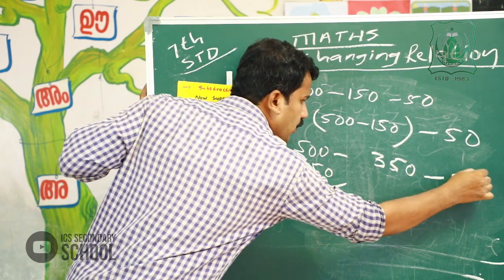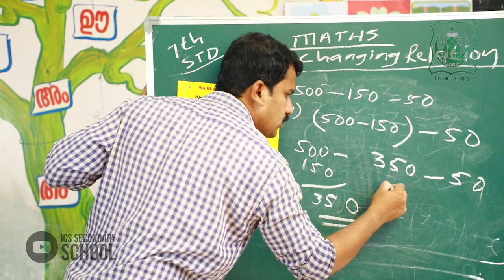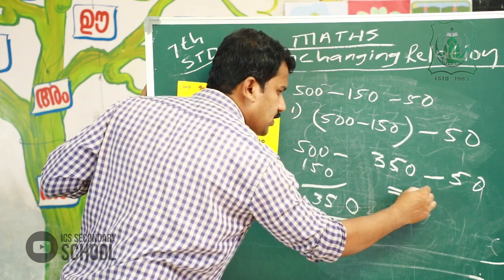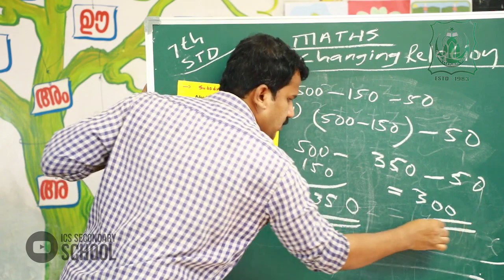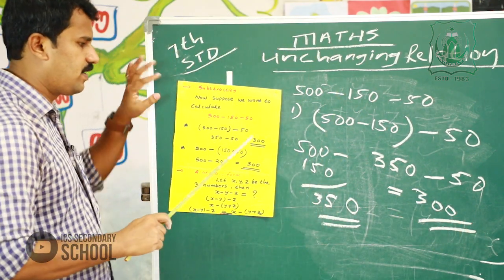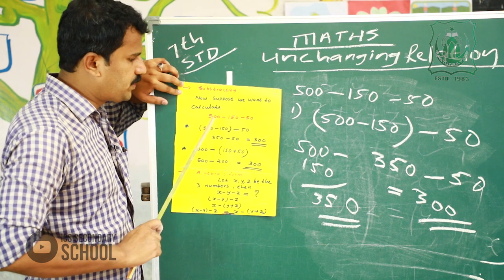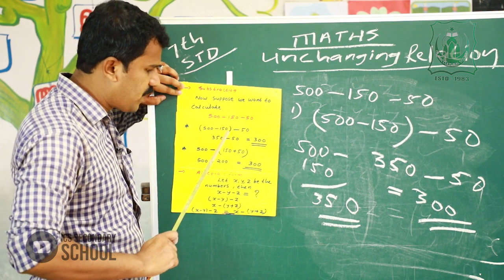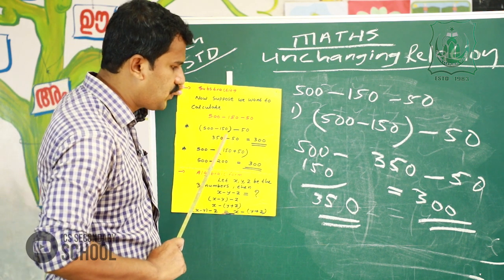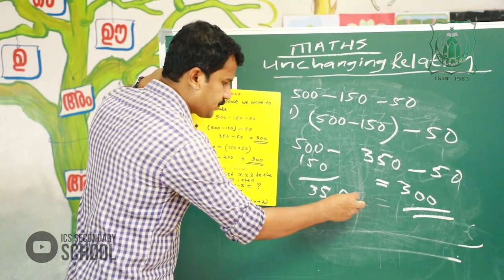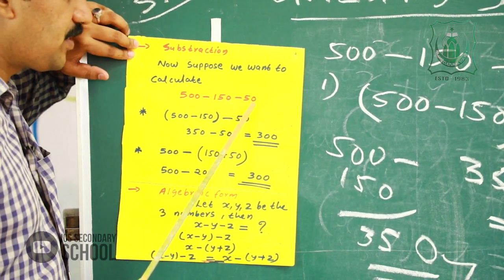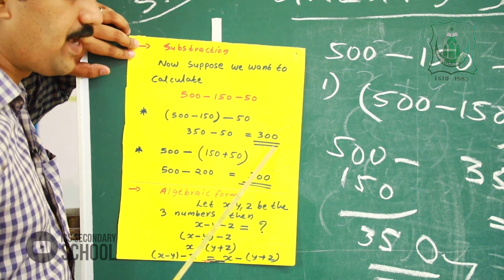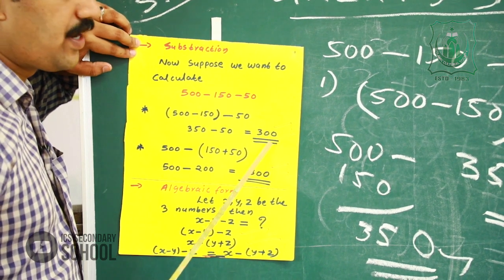Then 350 minus 50 is equal to 300. So first we solve 500 minus 150, the answer is 350, then 350 minus the last number, 50, the answer is 300.